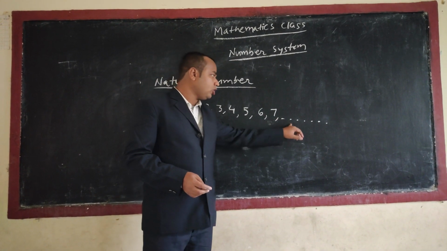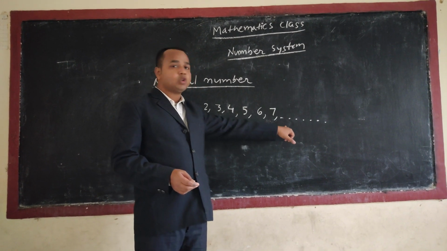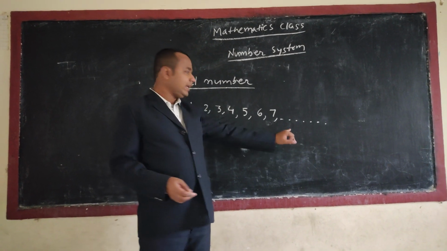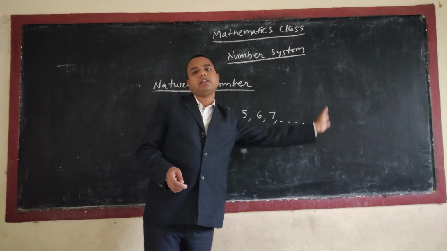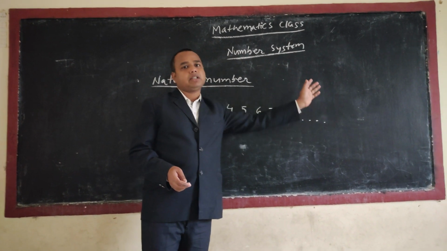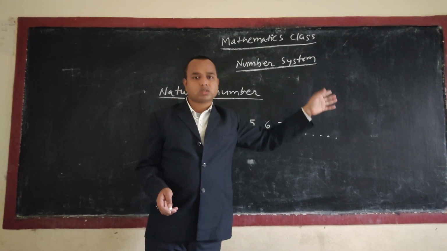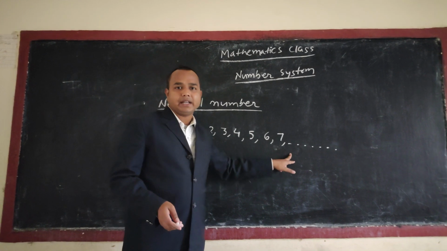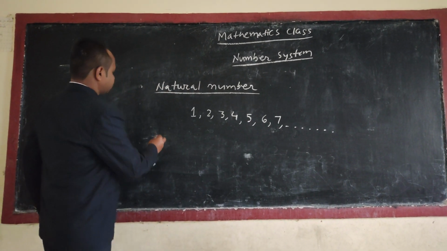So 7 dot dot dot means it is continuing. There is no end. After 7, 8, 9, 10, then 11, 12, 13. After that 100, 200, lakhs, 10 lakhs, crores. There is no ending. It will be continuing like that.